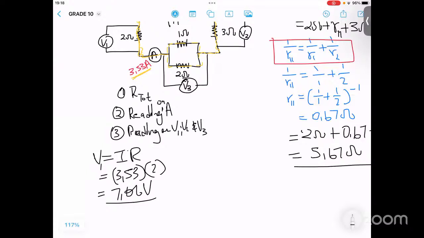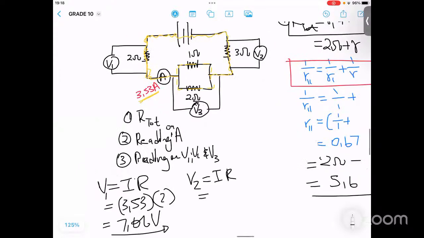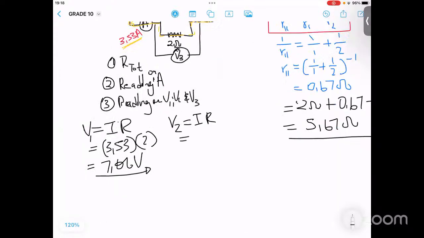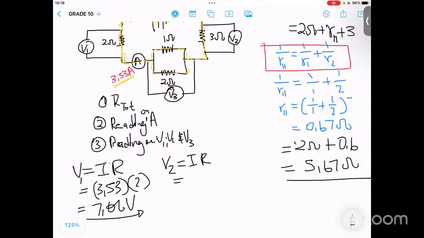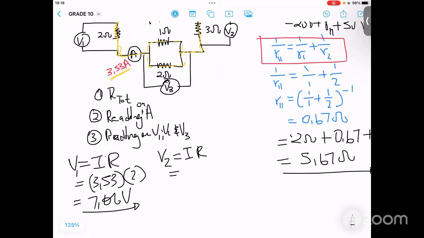And then when it comes to V2, again you'll say V2 = IR. So that means in every series, it is the same, except when it gets to a parallel. So that means the current again is 3.53.